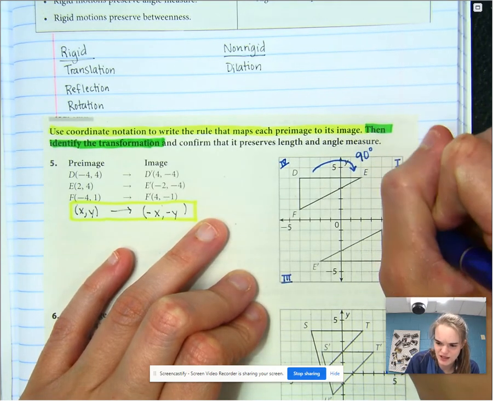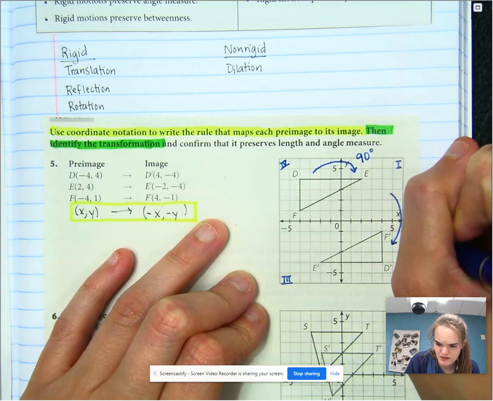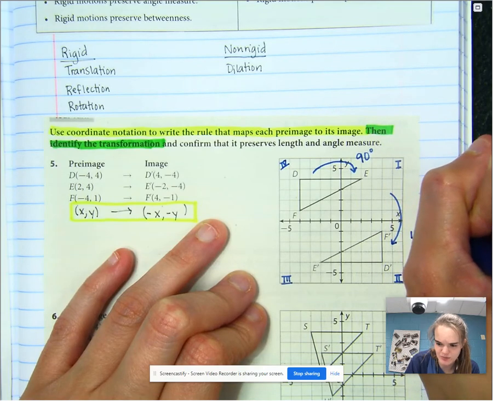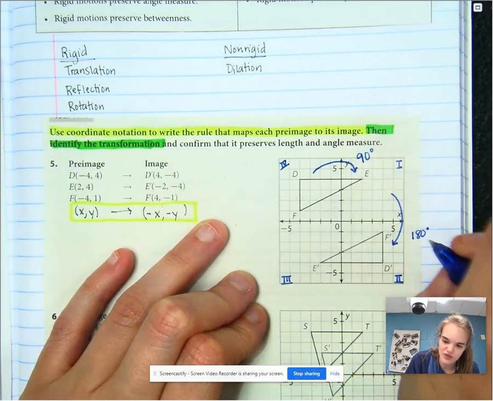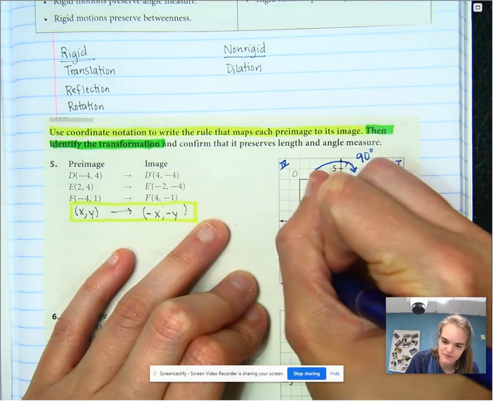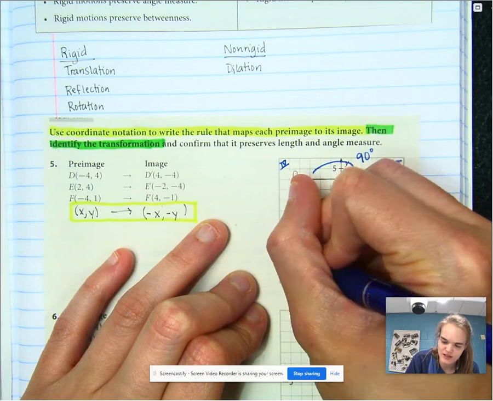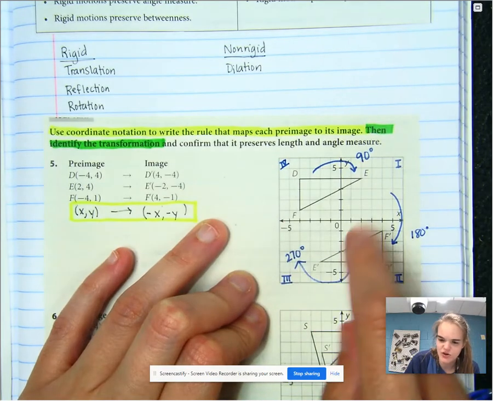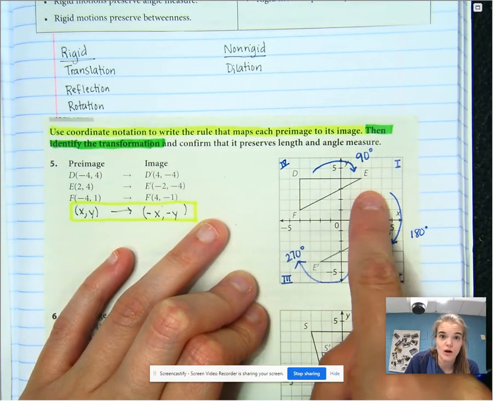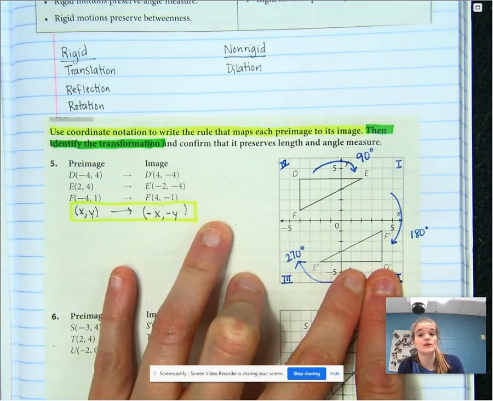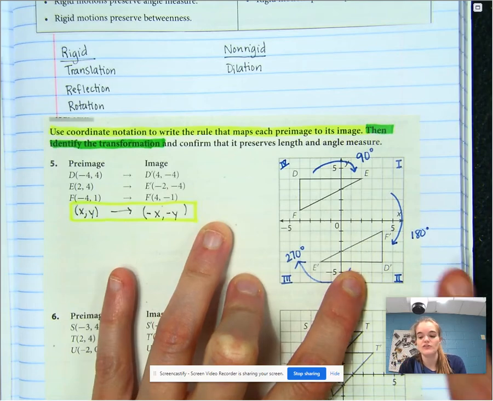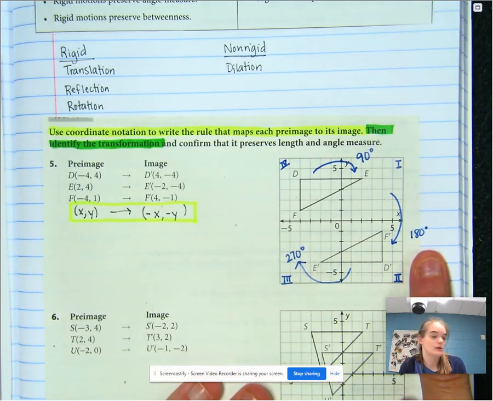If I moved it again, that's at 180, because 90 plus 90 is 180. It would be there. If I moved it a third time to 270, it would be here. So moving at 90 puts it in quadrant 1. Moving at 180 puts it in quadrant 2, which is pretty much where it is. Which means this is probably a 180 degree rotation.